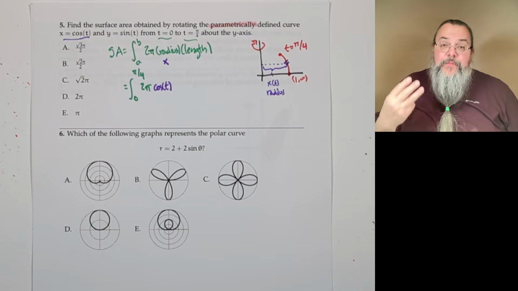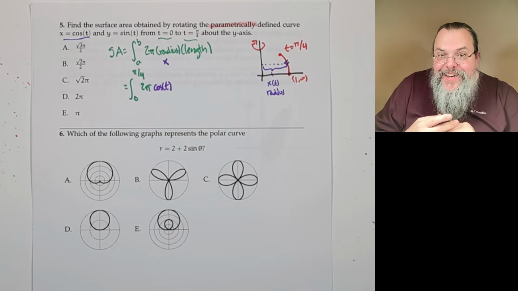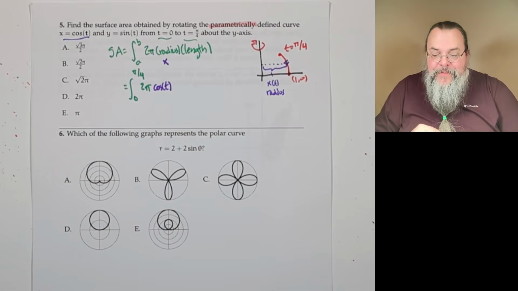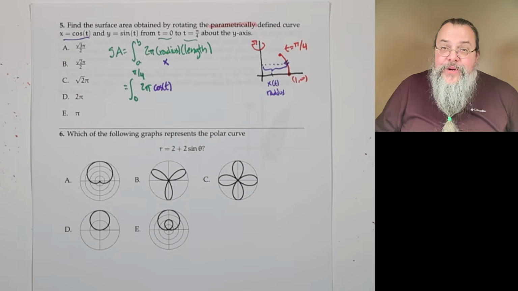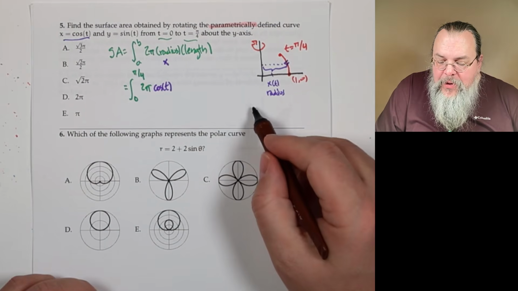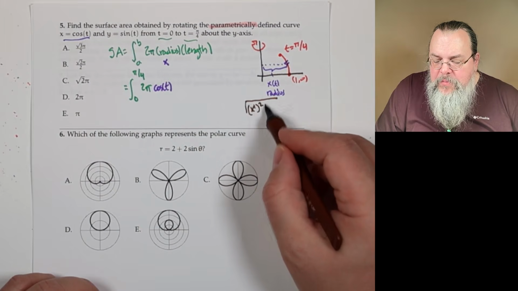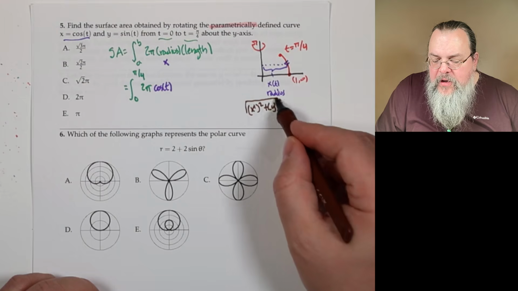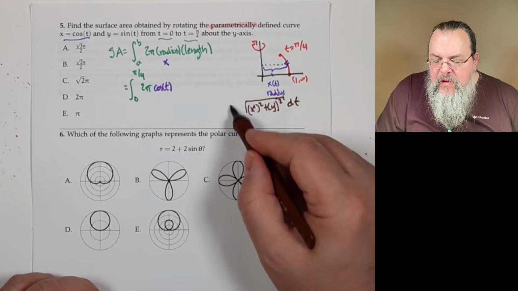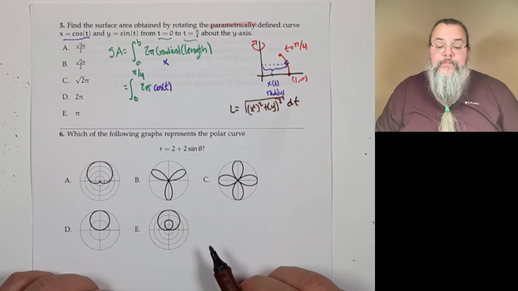The previous one was length classic, and here we're in length parametric. So how does one do length parametric? Well, it's the square root of x prime squared plus y prime squared dt. So this is the little bit of length.